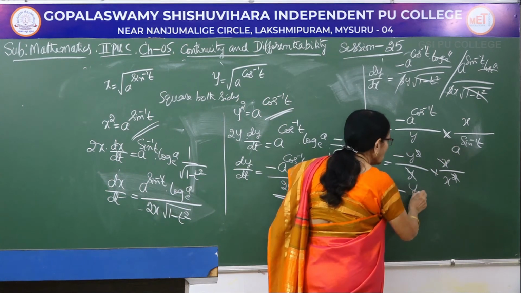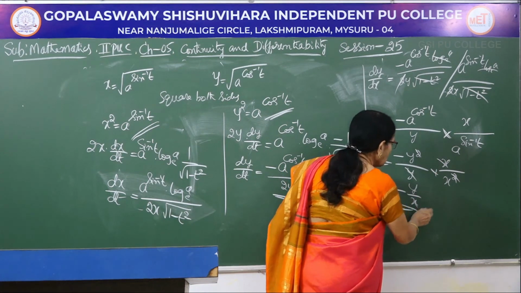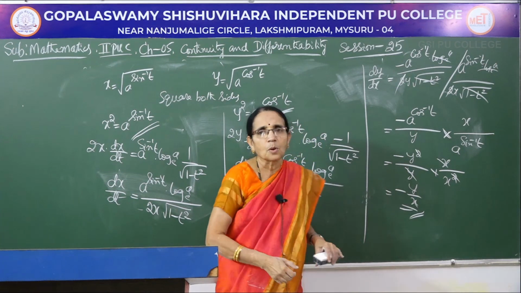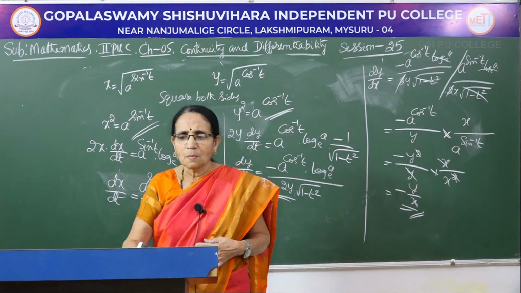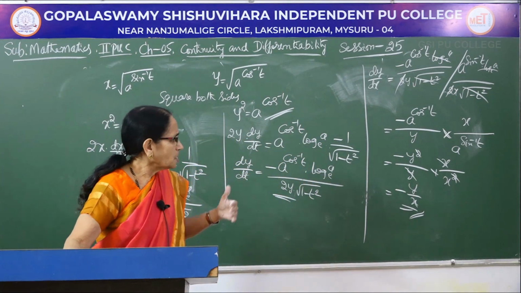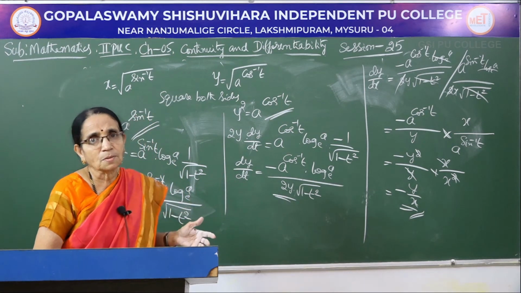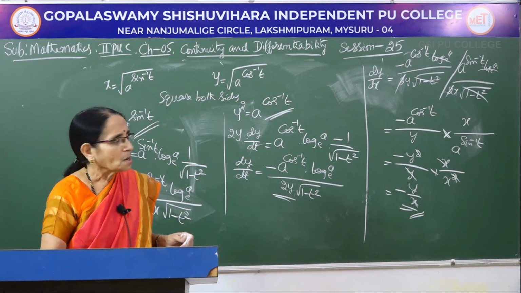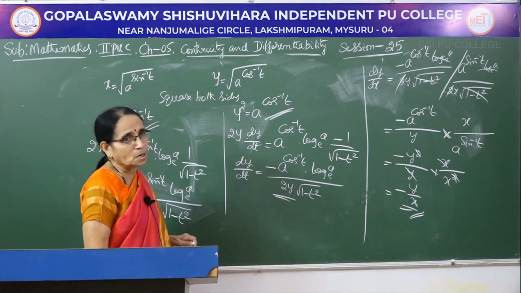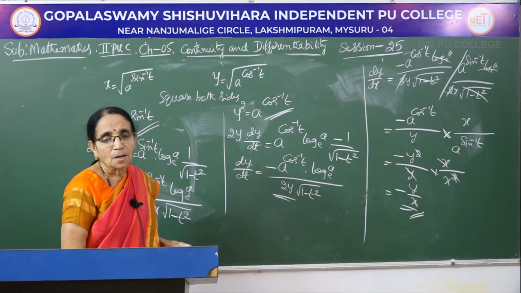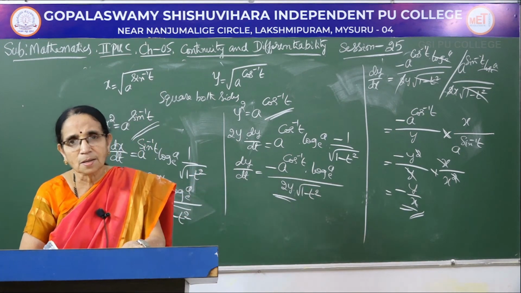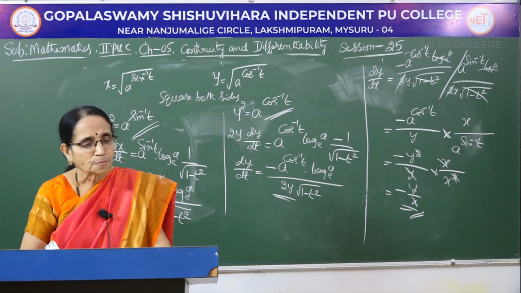What is remaining? Another y and another x. Hence, we get the value minus y by x. Now, it is not a regular question in the question paper, but for a higher mark question, you can expect such problems in the examination.